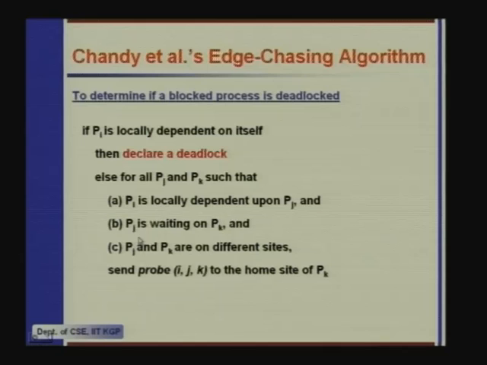So, there is a local dependency from Pi to Pj, and from Pj to Pk there is a dependency across sites, because Pj is local and Pk is in some other site. If there is such a dependency, then send probe (i, j, k) to the home site of Pk.